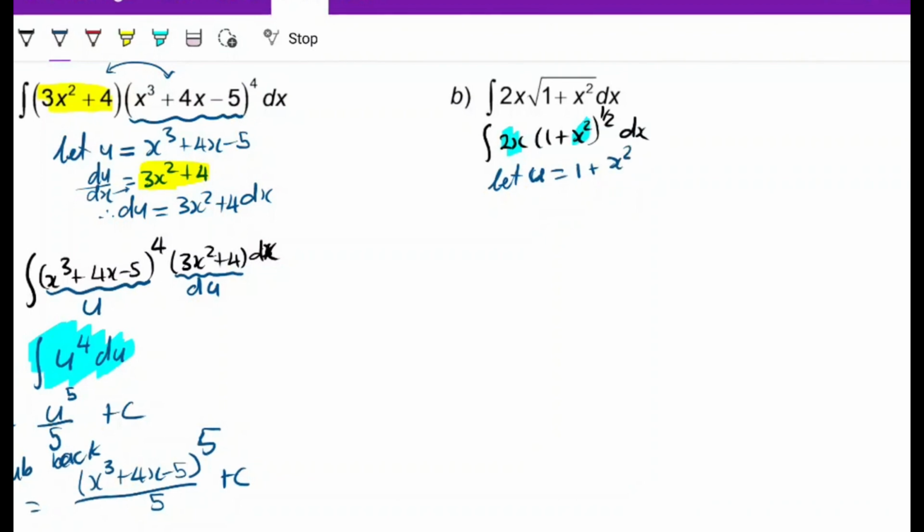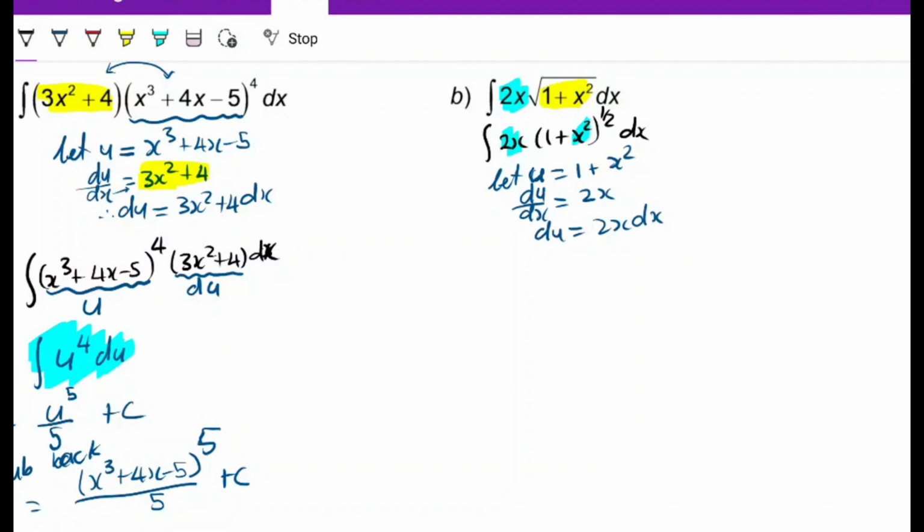We take the derivative of this, du with respect to x, which gives us 2x. Therefore, we can rewrite this as du equals 2x dx. You can clearly see from this expression, again, I want to remind you, this part will be du, and this part inside the root becomes u.